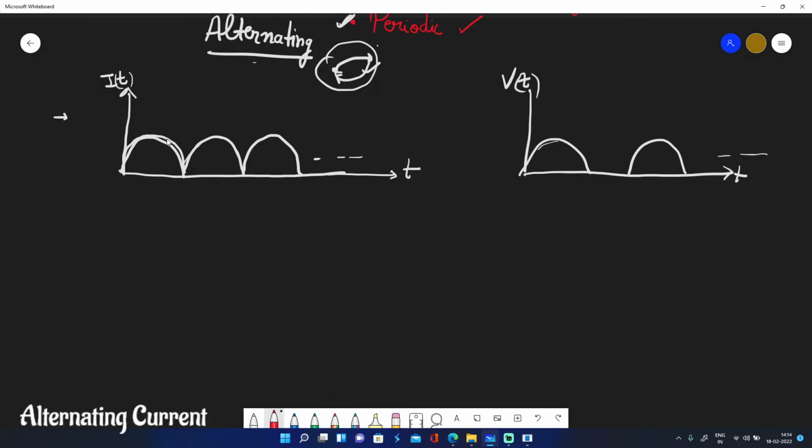Also, these are unlike DC. DC is constant. So we can put these kinds of waveforms into another category known as pulsating DC. These are pulsating DCs. These terminologies are not that important, so long as you can identify which of the waveforms should be AC and which can't be AC.